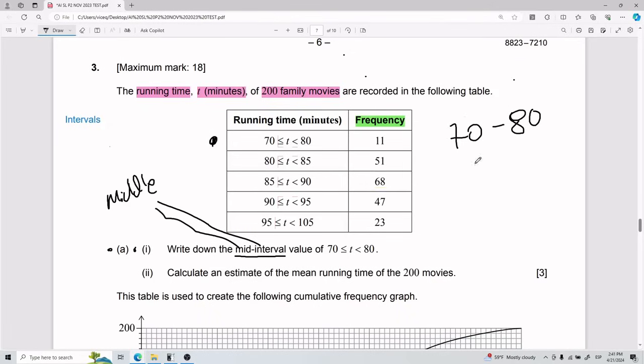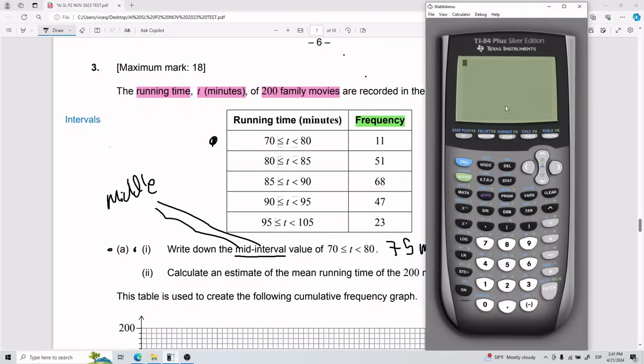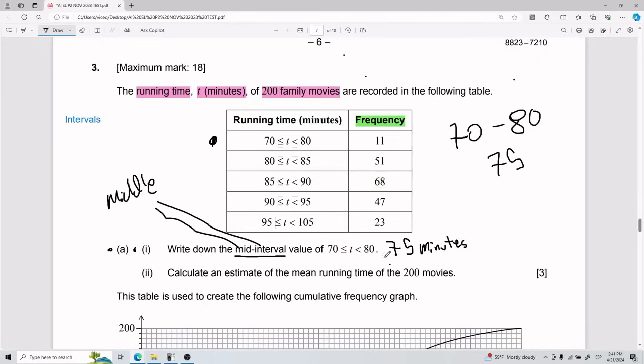The middle between 70 and 80 is 75. Literally. For part A, part I, you are going to put 75 minutes. If you're stressed about showing your work, you can write 70 plus 80 divided by 2. That gives you the 75. Okay? So, yeah, that's part A, part I.